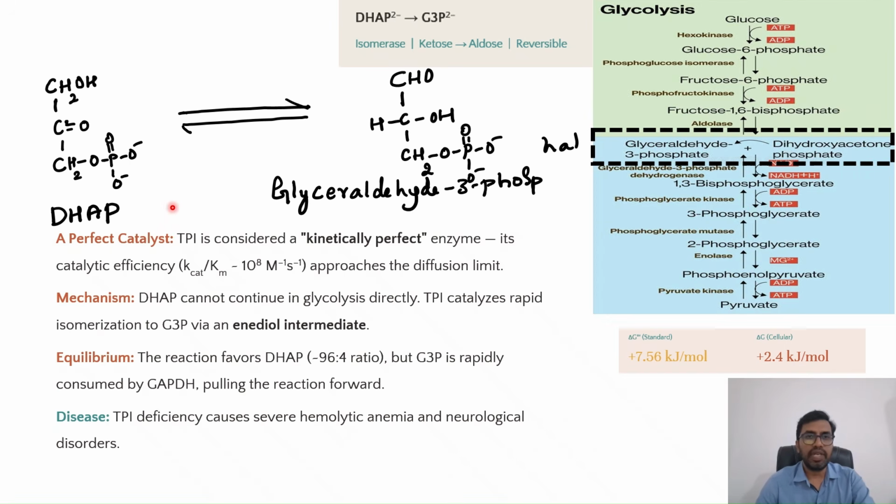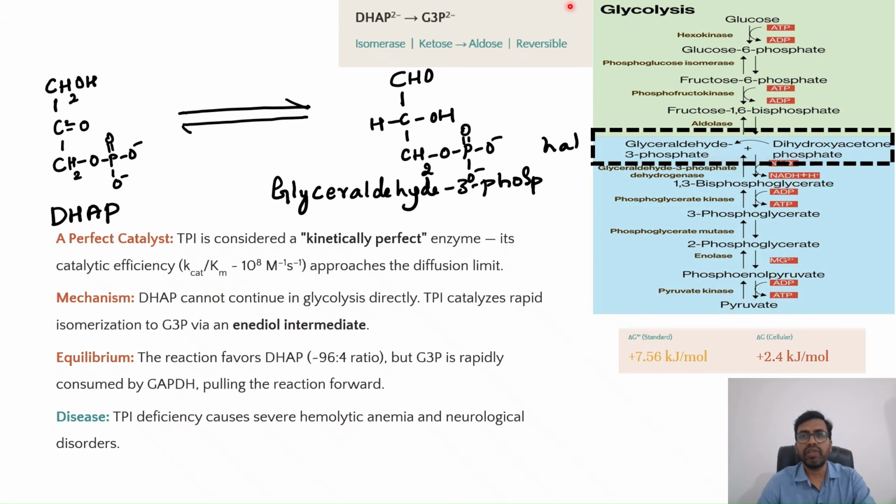Whichever has the higher concentration can form the other. If there is a very high concentration of DHAP, DHAP will get converted into glyceraldehyde 3-phosphate. When the glyceraldehyde 3-phosphate concentration increases too much, there will be formation of dihydroxyacetone phosphate. This reaction is highly reversible.